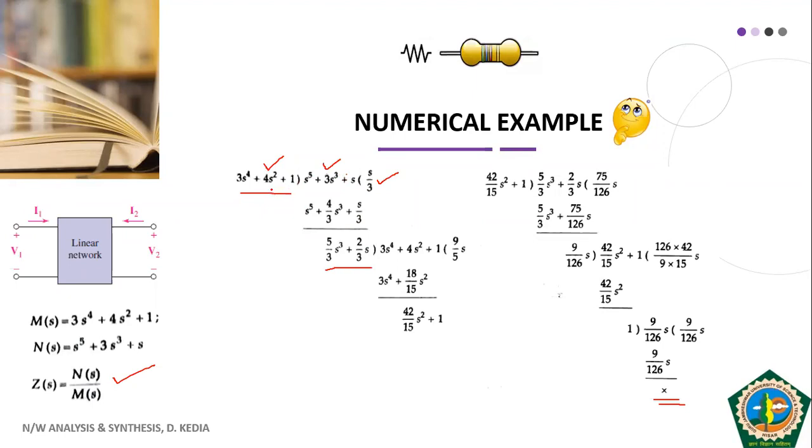Then this divisor becomes the dividend for the next division. Okay, so we divide, the quotient is 9 by 5 into s, and then we solve it. So this is the remainder that we get. Now this remainder will become the divisor for the next continued fraction term, and this divisor will become the dividend here.